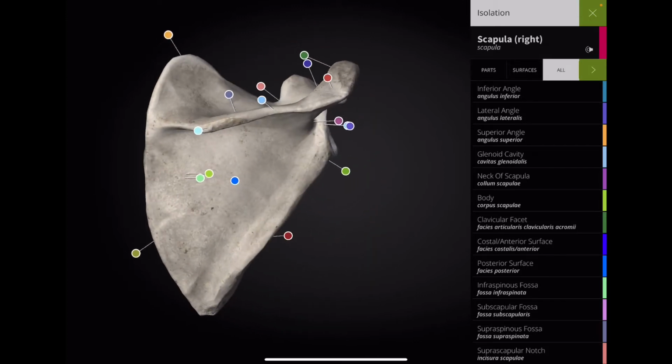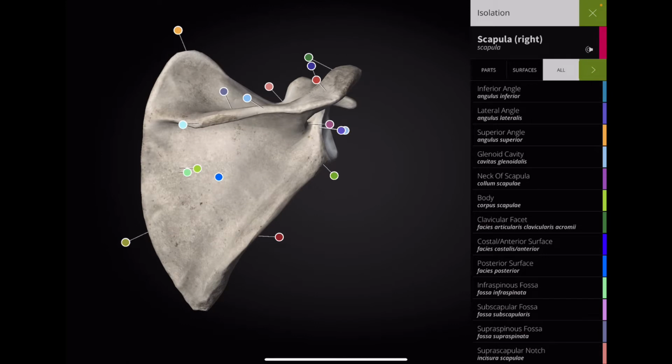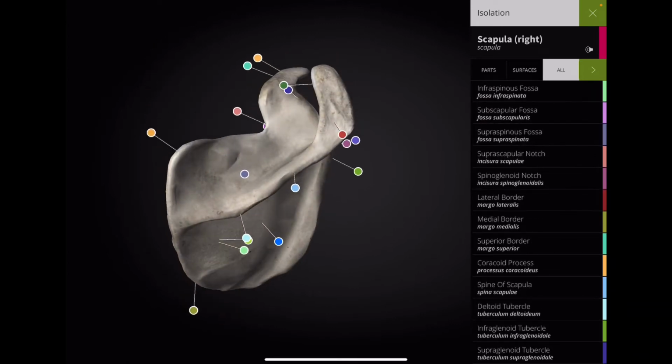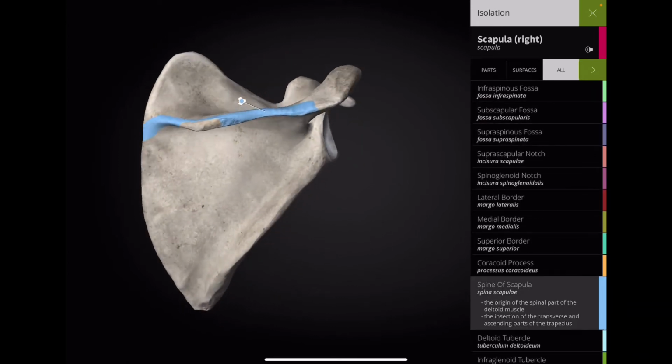Now let's have a look at the subdivisions of the posterior surface. Now the posterior surface is divided by the spine of the scapula, which would be this one over here.